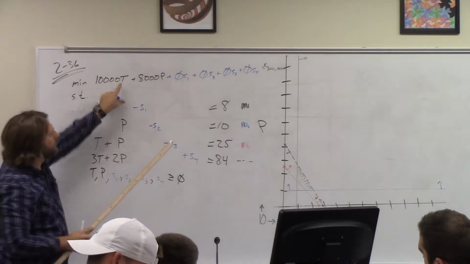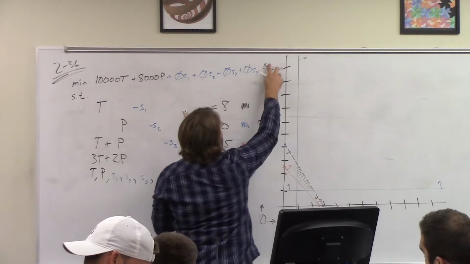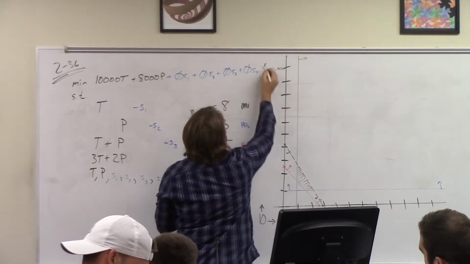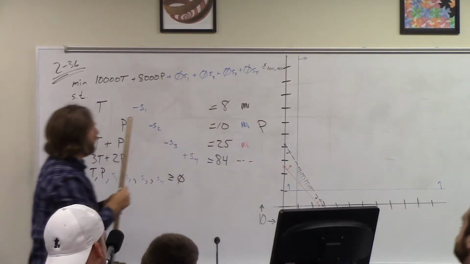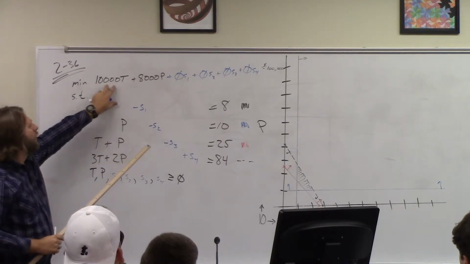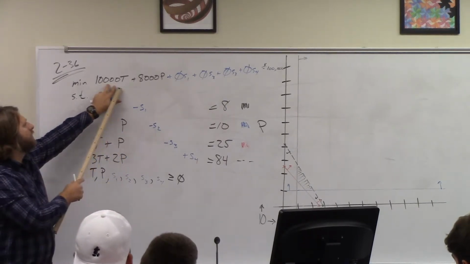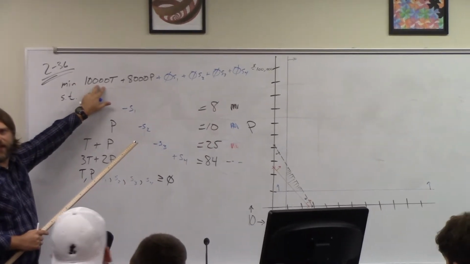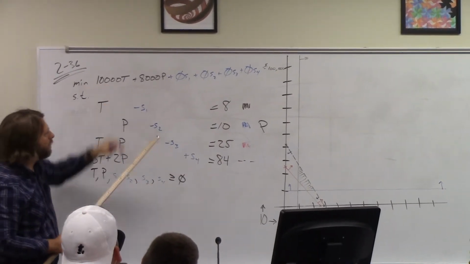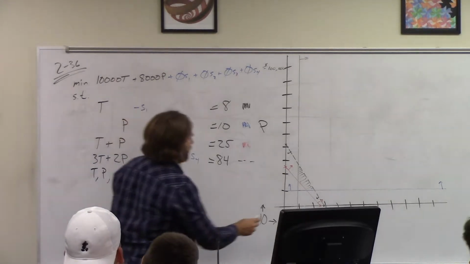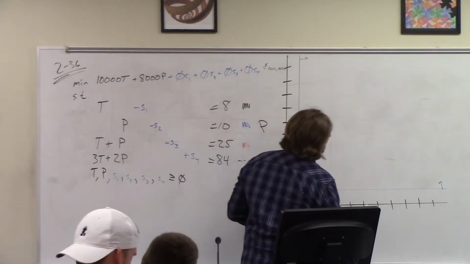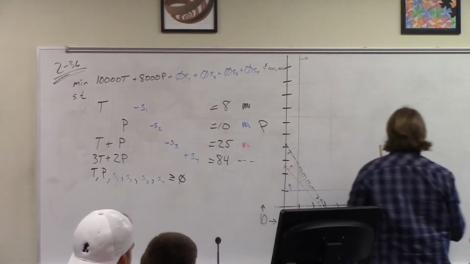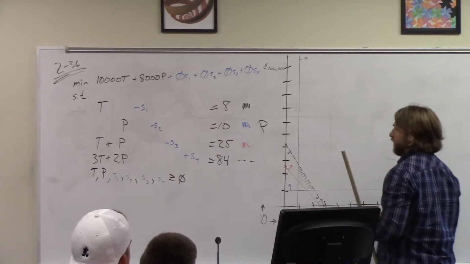That's off the chart. Let's make this 100,000. So now it's 100,000 divided by 10,000 gives us 10, right? And that's for T, right? 1, 2, 3, 4, 5, 6, 7, 8, 9, 10. We were going by 10.